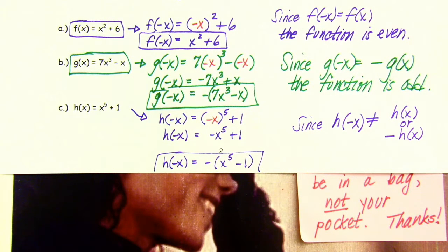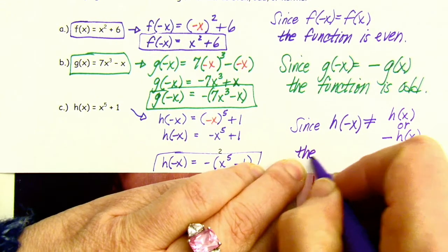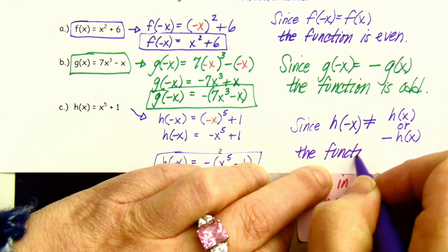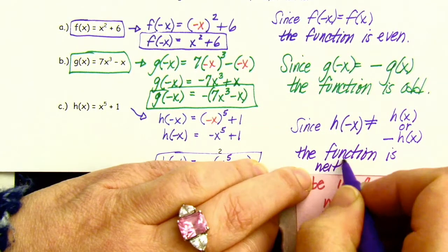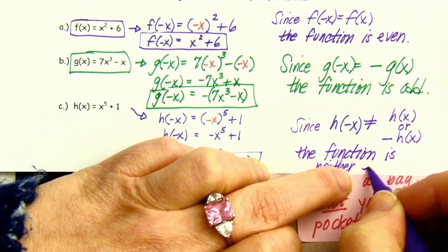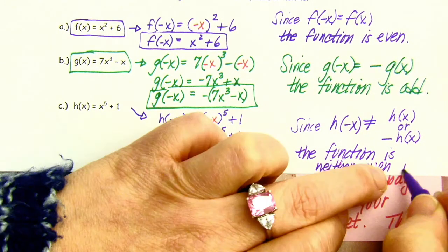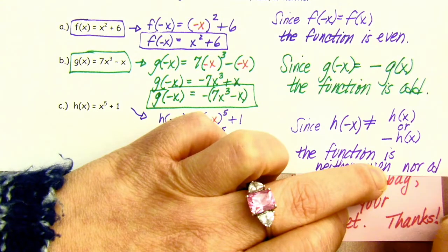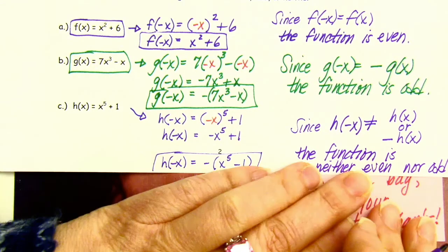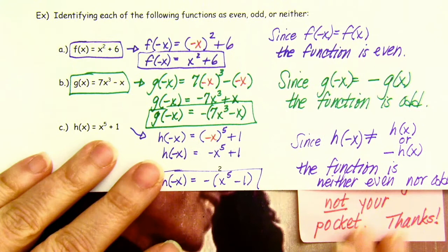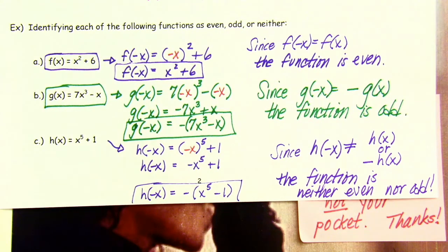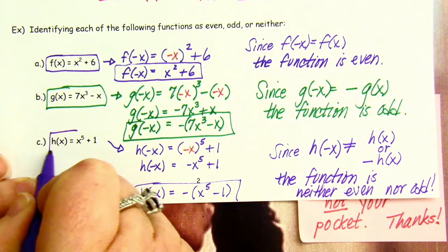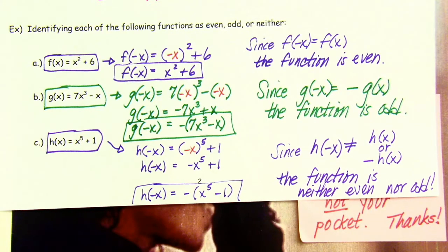The function is neither even nor odd. So that's a neither situation, because when I evaluated the function at h of the opposite of x, I didn't get the same output, and I certainly did not get the opposite output either.